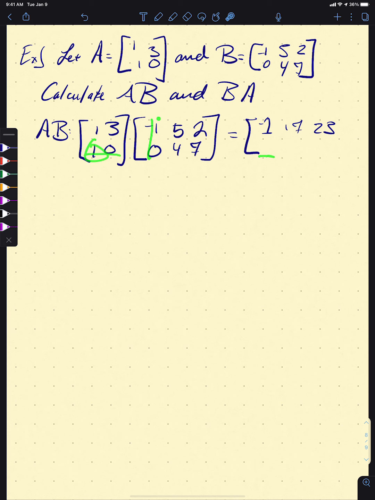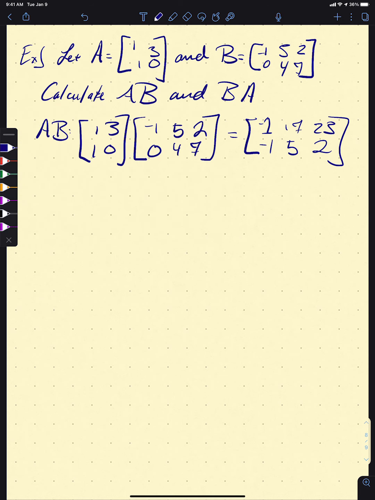So we have 1 times minus 1 is minus 1, plus 0 times 0. Next, we take the inner product of this row and this column. Looks like we're going to have 1 times 5 plus 0 for 5. Then for this last entry, we have 2 times 1, which is 2, plus 0. Okay, so that is our matrix. That is A times B.